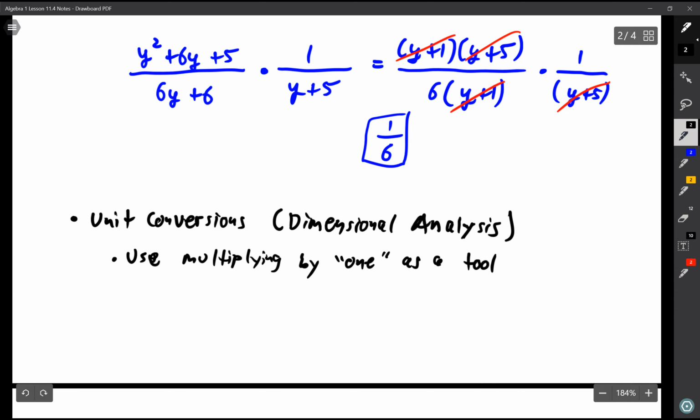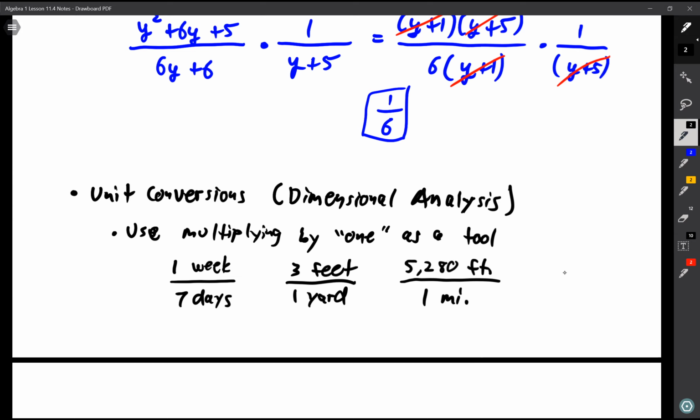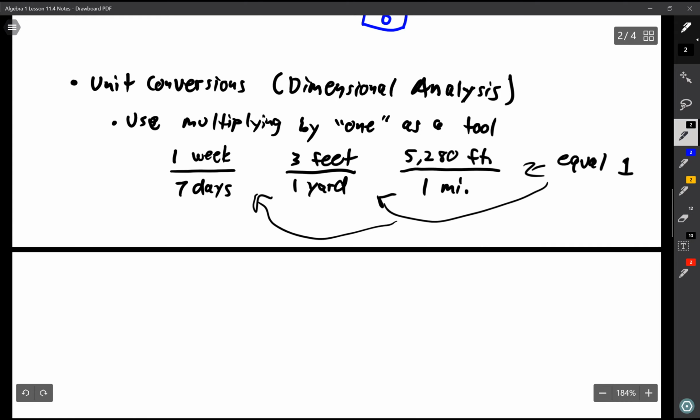Okay? All of these equal 1. They all equal 1 because what's on top is equal to what's on bottom. So because they're equal to 1, I can take some quantity and multiply it by these and use that as a tool to convert the units. So that's one thing. So you use multiplying by 1 as a tool.